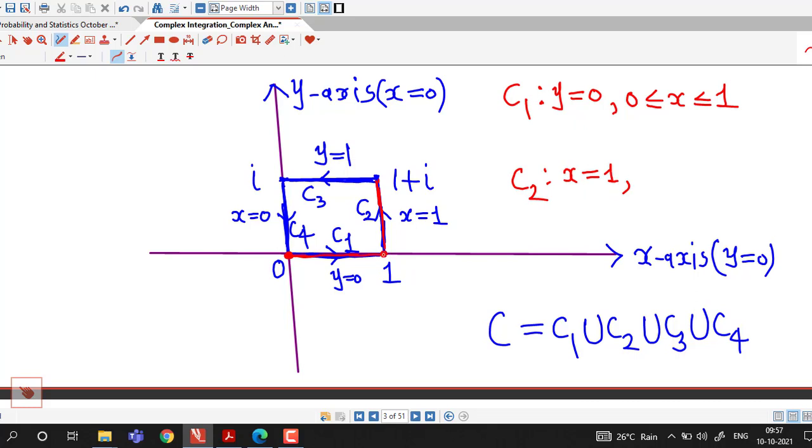At this point the value of y is 0. This point we can write as (1, 0), and this we can write as (1, 1). So at this point the value of y is 0 and at this point the value of y is 1. So y is changing from 0 to 1 along C2. Similarly, we can represent C3.